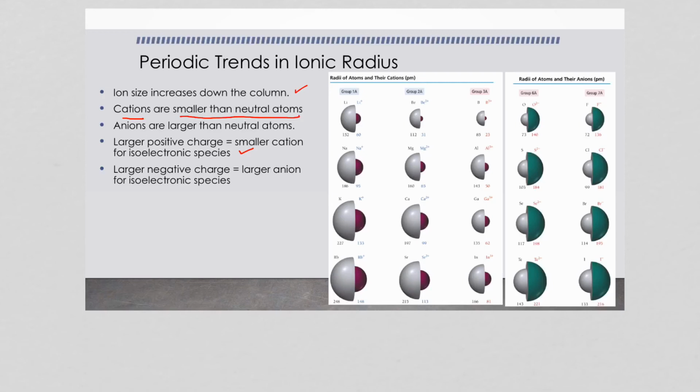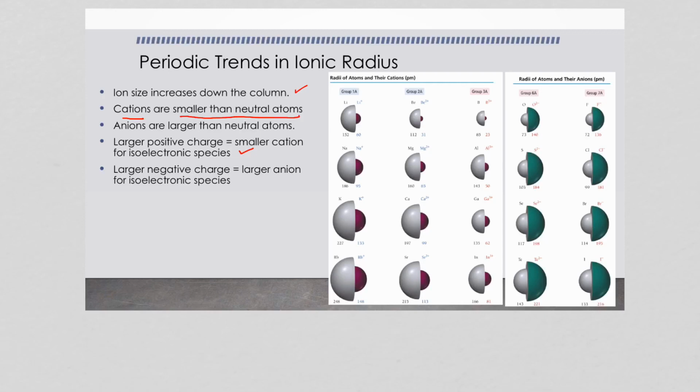Larger negative charge, though, let's look at the negative ions. Again, going down, they get bigger, just like the atoms. But as you go across, say, from group 6 to group 7, your negative ions actually get smaller, just like we see with the positive ions. So you go from a -2 oxygen to a -1 fluorine, right? You get a little smaller.